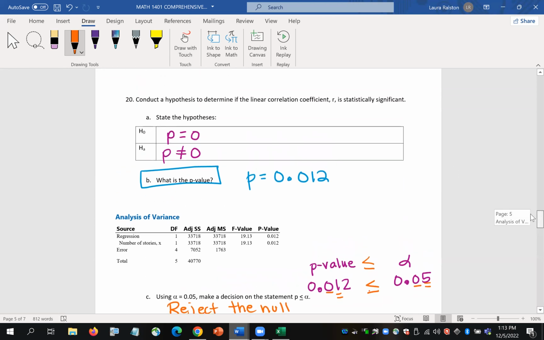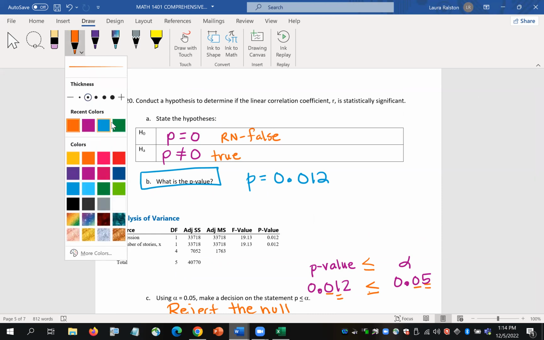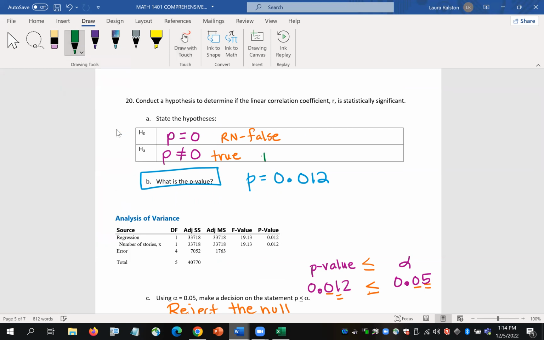Okay, but guys, if you reject the null, that means the null is false and the alternative is true. And I have been writing out what those two statements mean when you look at them. To say that rho does not equal 0 means there is a correlation and R is statistically significant.